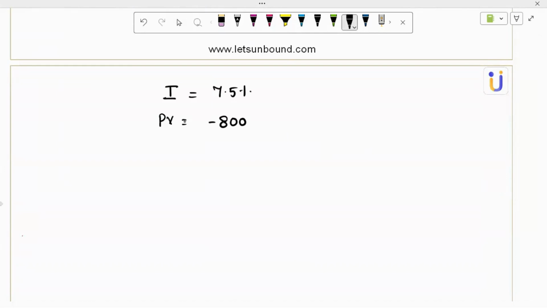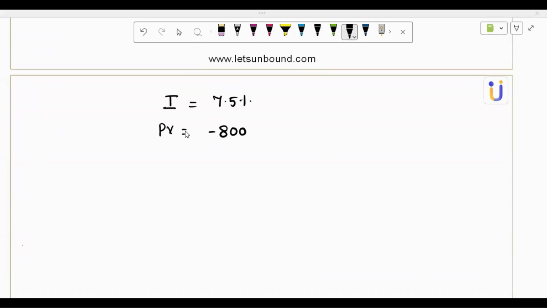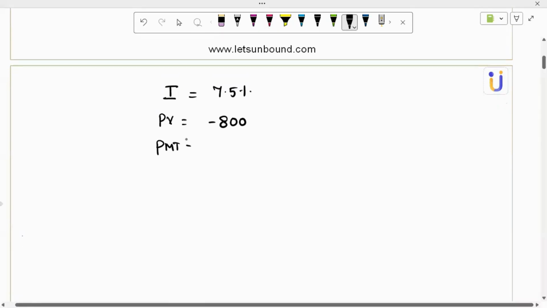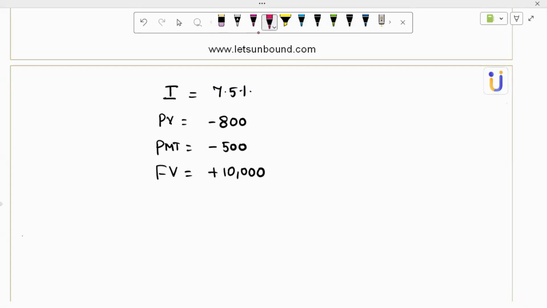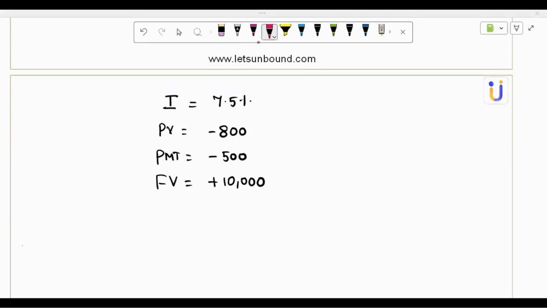Per month you're going to pay 500, so that is also going from you, so it's minus 500. Then future value is going to be positive 10,000. From you it's going to the bank, and after growing, you will get it back as a future value.